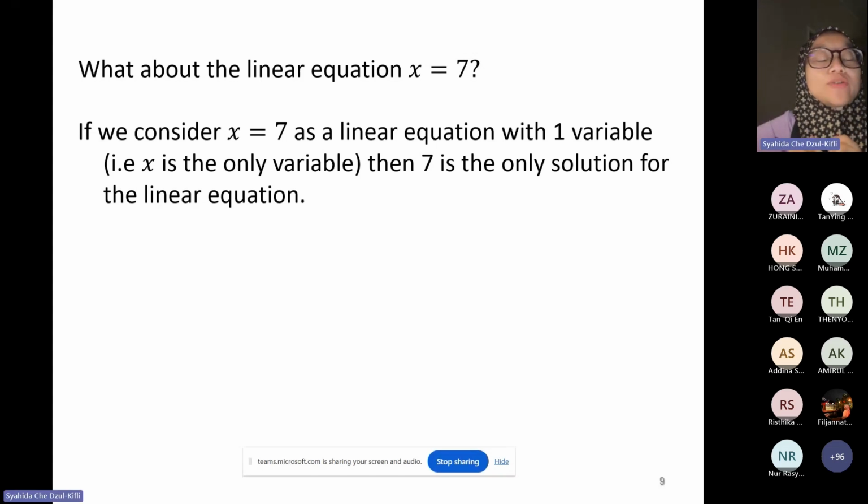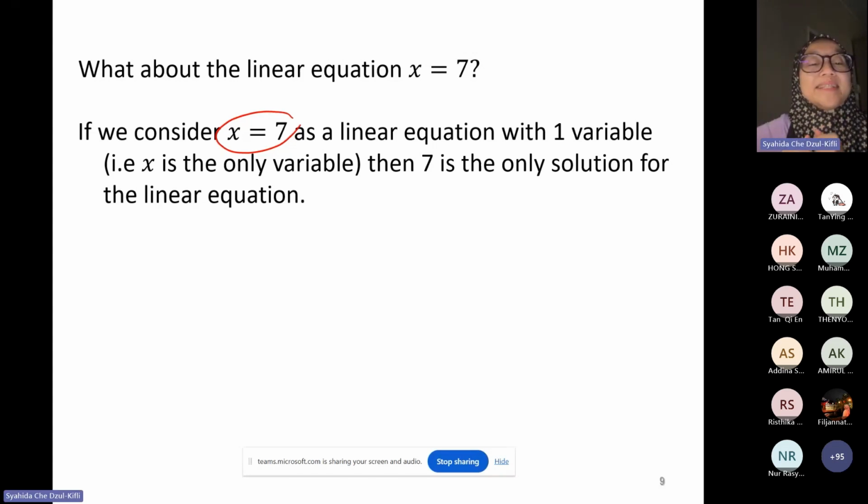First, we may consider the equation x equal to 7 as a linear equation with only one variable, and the variable is x.